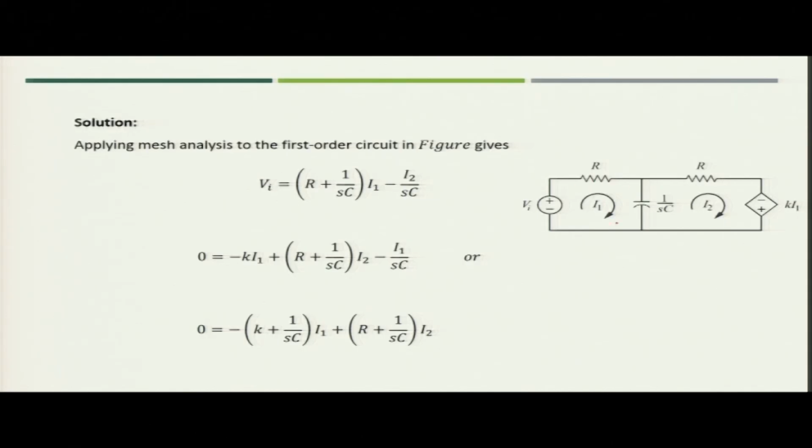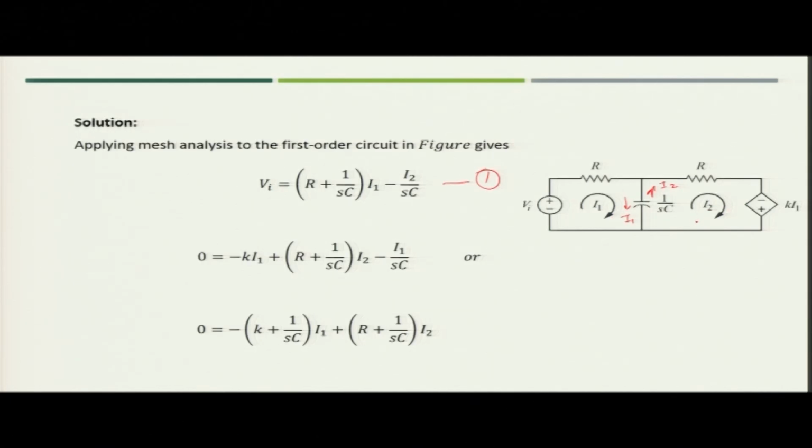That is the current which is flowing in these two components, minus I2 upon Sc, because in the capacitor I1 is flowing in this direction while I2 is flowing in the opposite direction. So, your value for Vi would be R plus 1 by Sc into I1 minus I2 by Sc. This is the first equation which you got from loop 1.